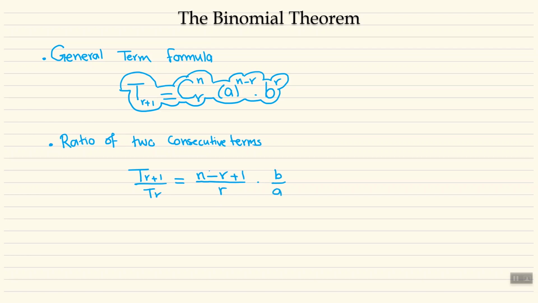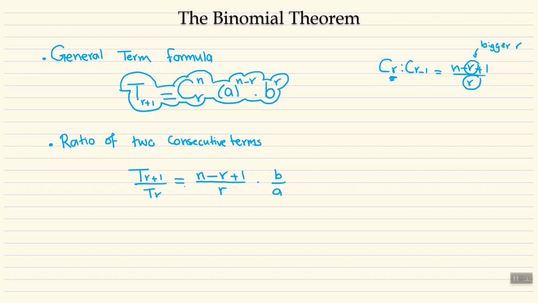Okay, this rule looks like a previous rule that we did before, but not with t r plus 1 over t r. It was a rule like this: c r over c r minus 1 equals n minus r plus 1 over r. And on that day, I told you that this r is always the bigger r of the two. So here we use the bigger r, and we did this in combination.